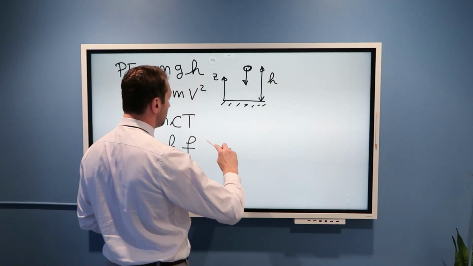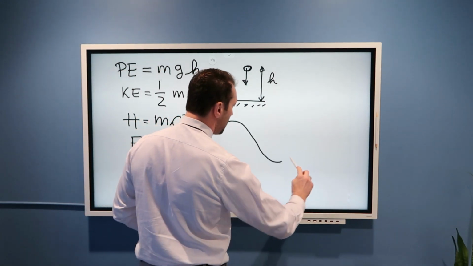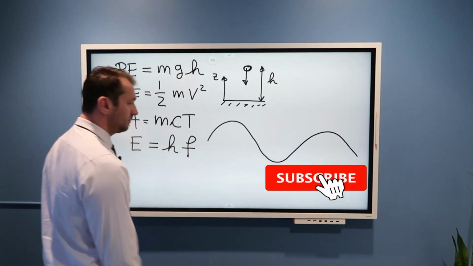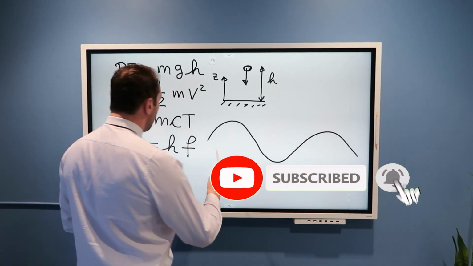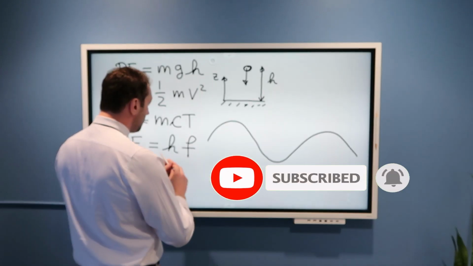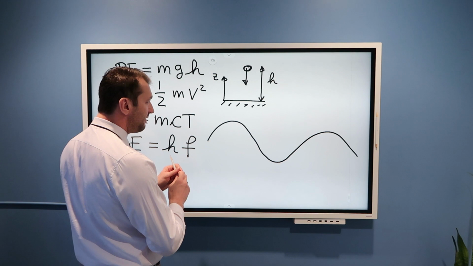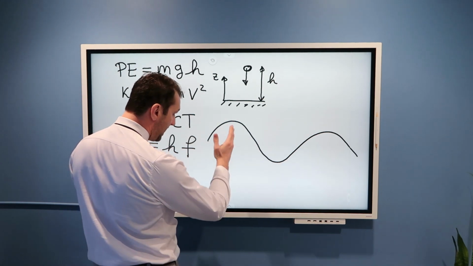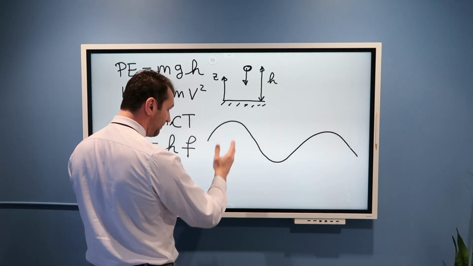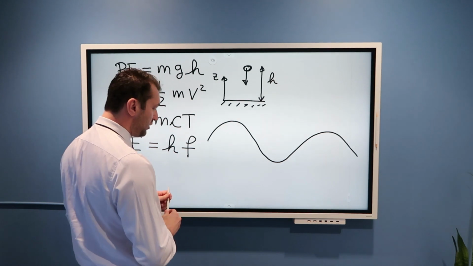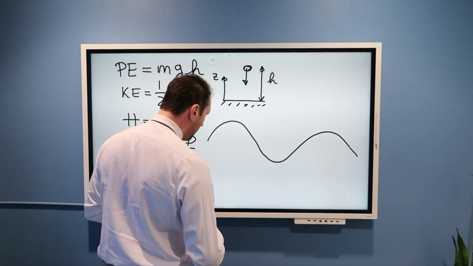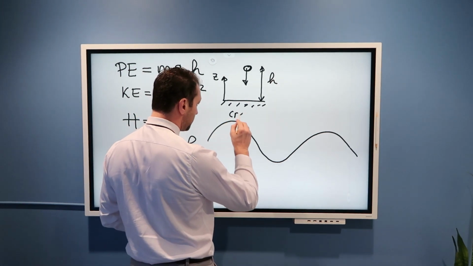Let's discuss that. Here is a nice wave. Frequency can be defined as the number of times, let's say, this crest of a wave passes over a certain point. So this would be a crest.